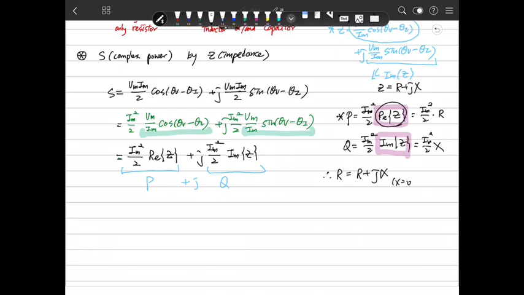In the inductor case, Z_L is R plus jX, where R is 0 and X is omega L.